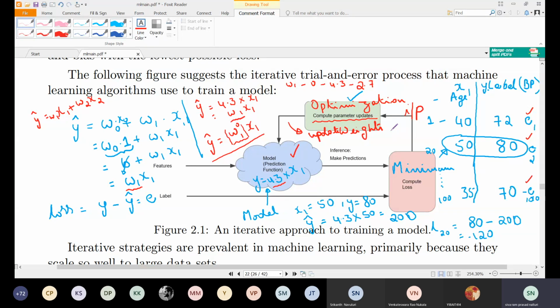So the optimization technique takes as input the loss function, and it will do the necessary computation such that your loss is the least possible loss. And it will calculate the optimal weights for which the loss is the least possible loss. Am I clear?